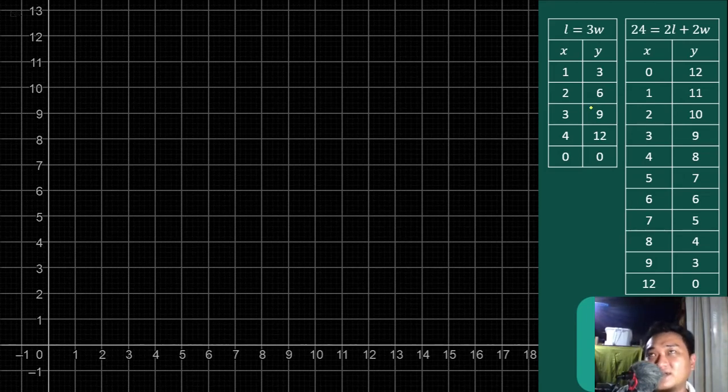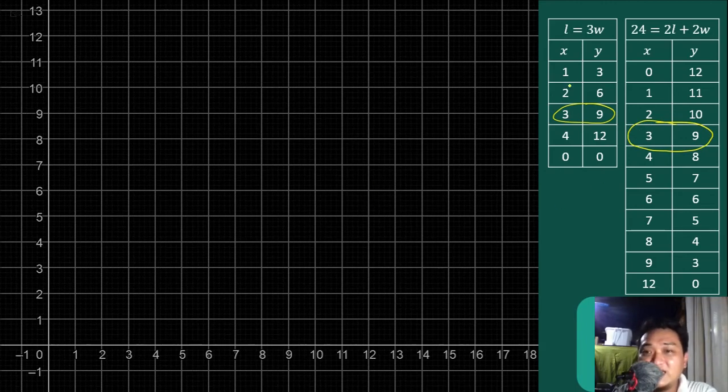Kasi if we are pertaining to systems of linear equations, most cases, we will assume that it involves all real numbers. And take note, magkasundo sila sa 3, 9. Kung sa graph, dapat ang intersection nila is 3, 9.